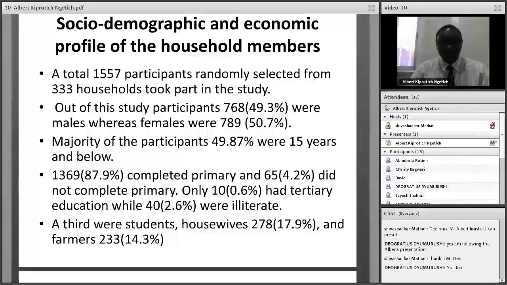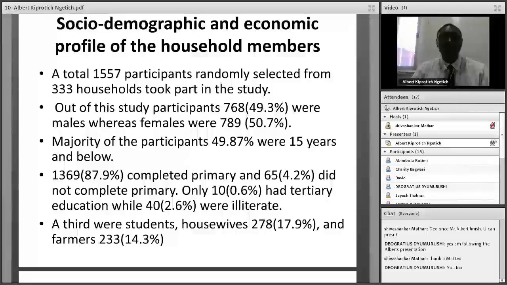A third were students, housewives were 278, and others were farmers.